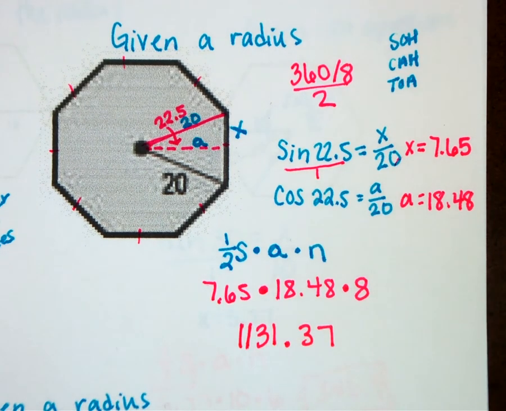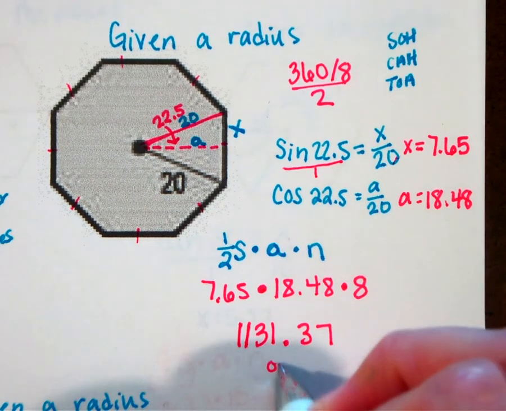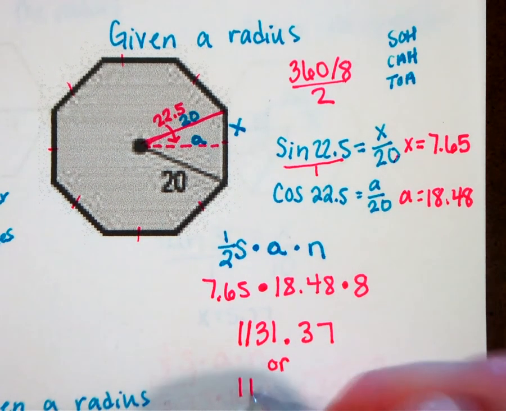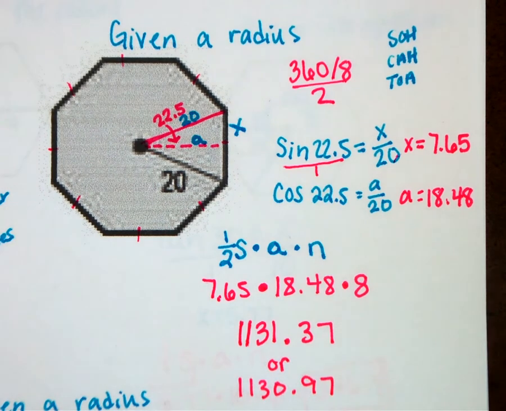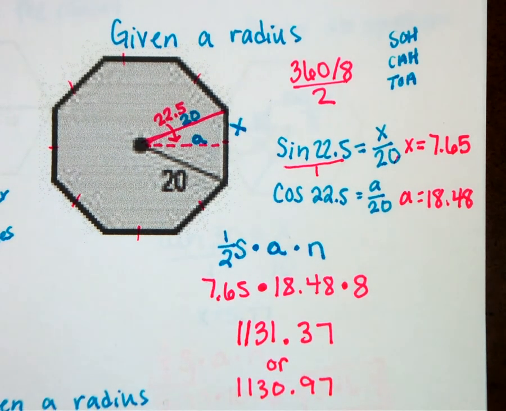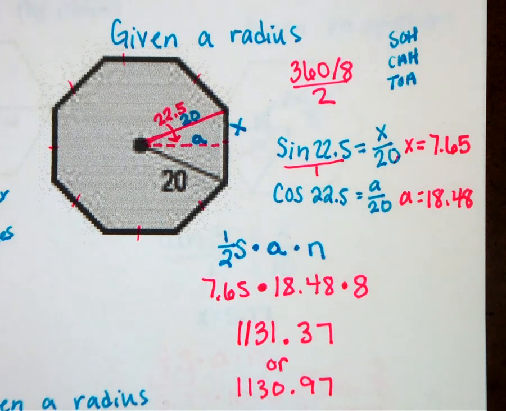Now, if you rounded and used those numbers there, so exactly just what you see, I got 1,130 instead of 1,131. Or if you're doing some rounding, 1130.97. Okay, which at this point is okay because of the fact that we are in such a crazy situation that you are close enough there.